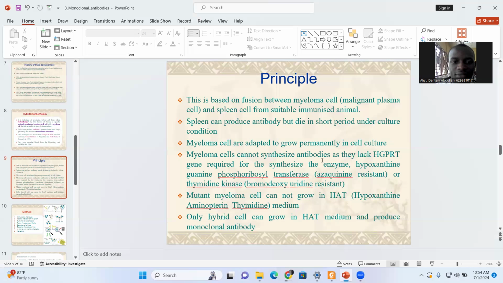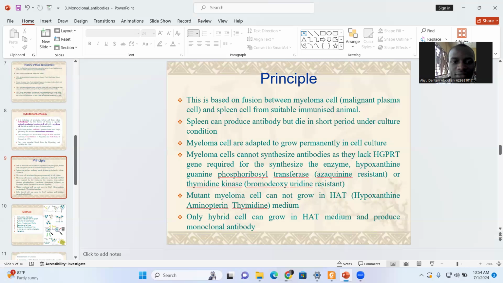Myeloma cells cannot synthesize antibodies, and they lack the gene required for the synthesis of an enzyme called hypoxanthine guanine phosphoribosyl transferase. This, I think, is required in nucleotide metabolism. You can read about this if you want, and the other enzyme. So mutant myeloma cell cannot grow in this medium, hypoxanthine aminopterin thymidine.